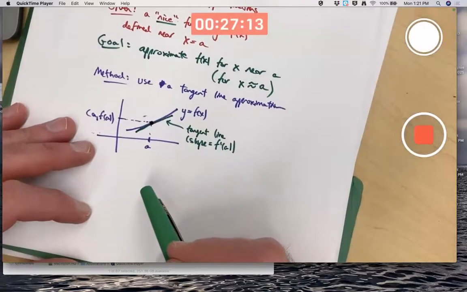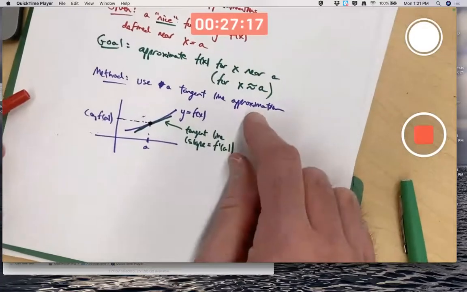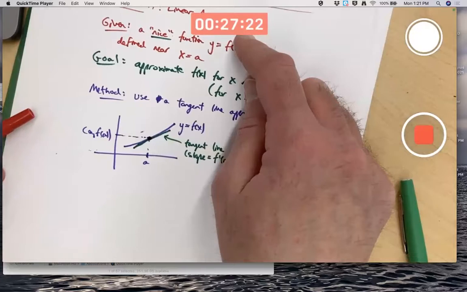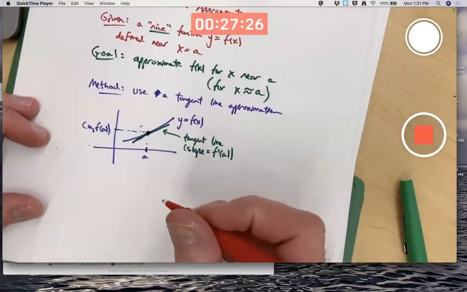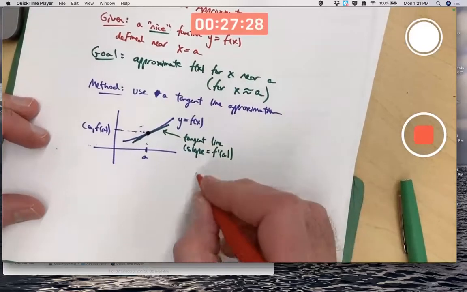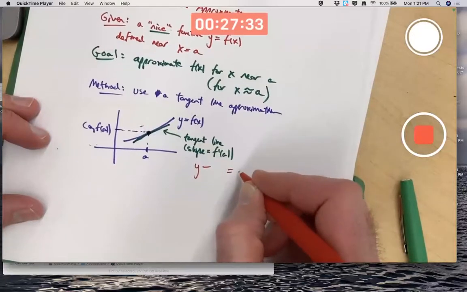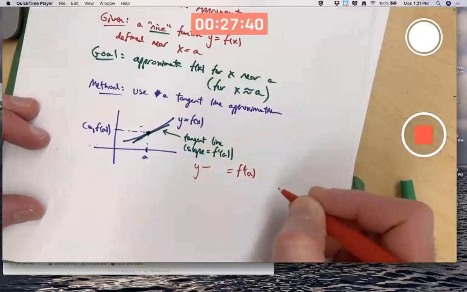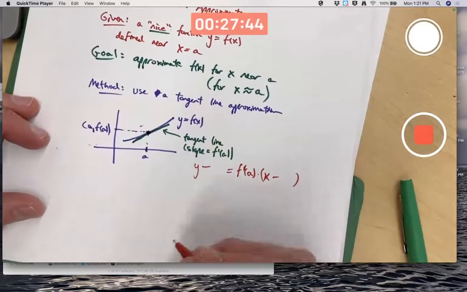What's the equation of that tangent line? If we want to use the tangent line to approximate the function, we probably should have its equation. Let's use the point-slope form: y minus the y coordinate of a point you know equals the slope, which is f prime of a, times x minus the x coordinate of a point you know.